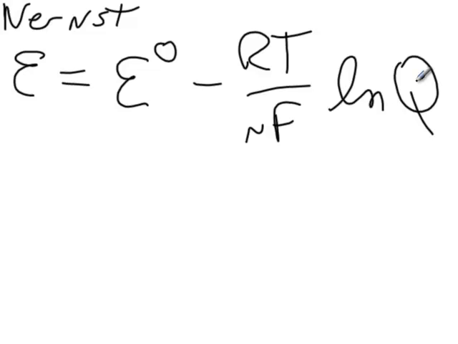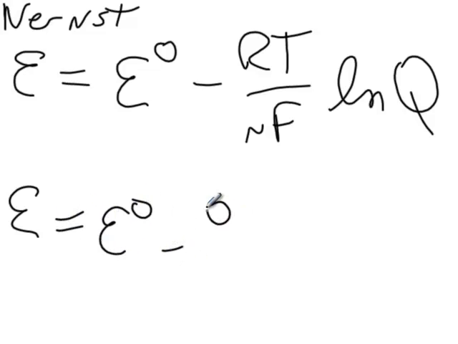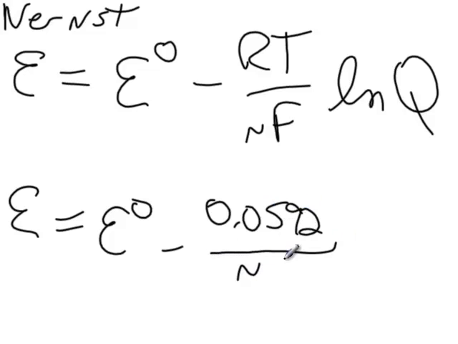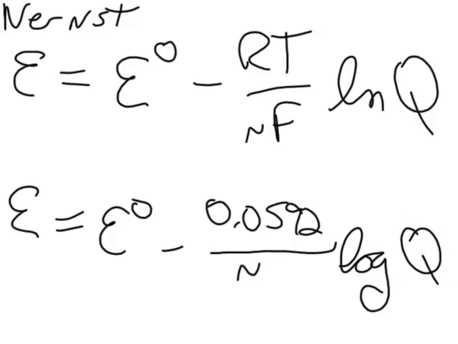Now, a shortcut for this is if you're at 25 degrees Celsius or 298 K, the shortcut for this is E equals E standard minus 0.0592 over n log, L-O-G log, of Q.